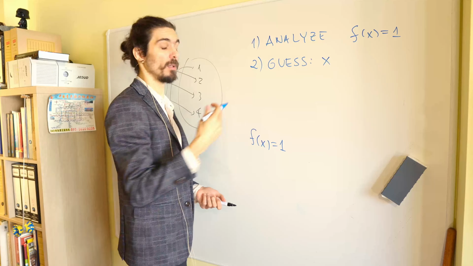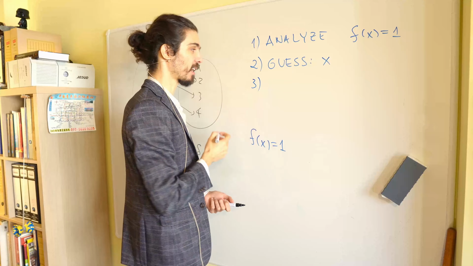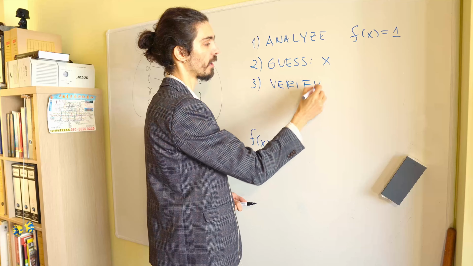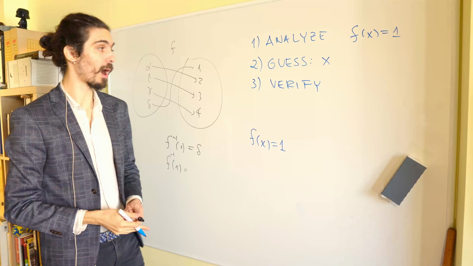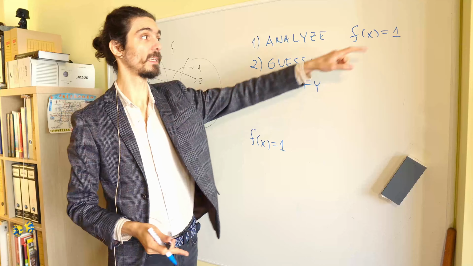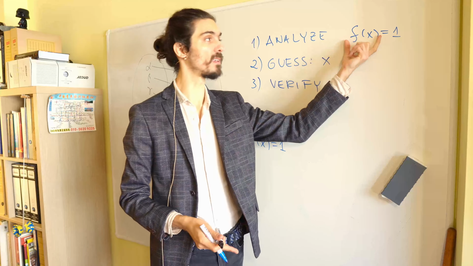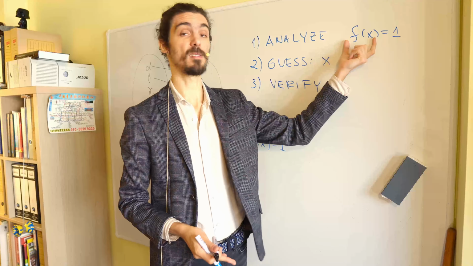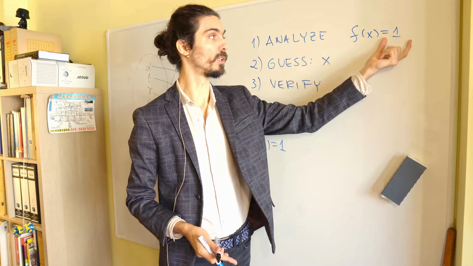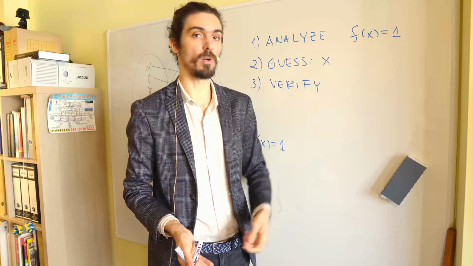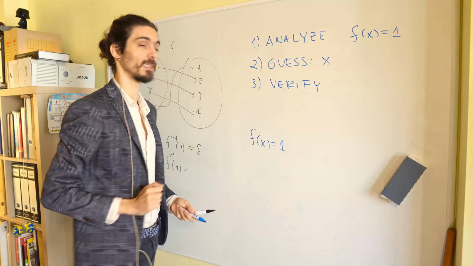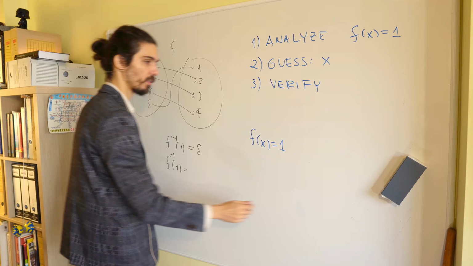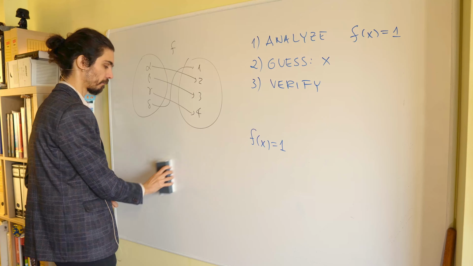And because you are guessing, the third stage is to simply verify. You verify whether your guess is any good by substituting your guess into that equation and seeing whether the two sides are the same, which you can evaluate because you have f. When the two sides of the equation are equal, the statement is true, and so you have a good guess.